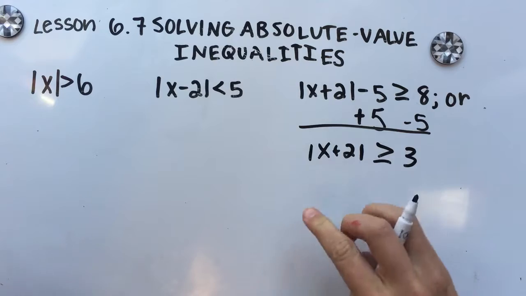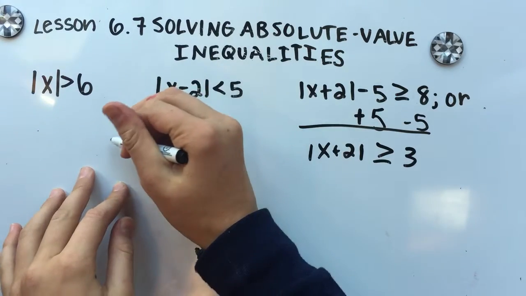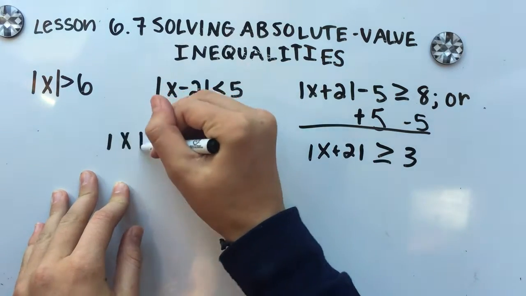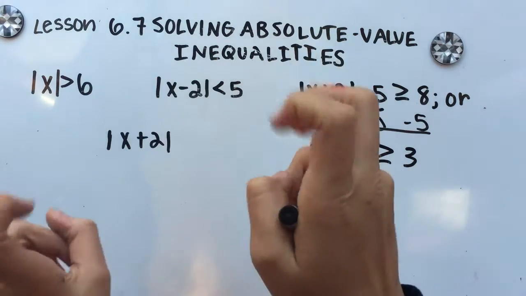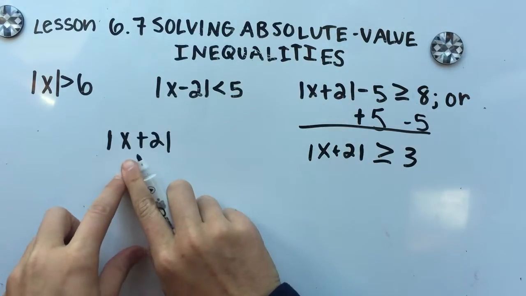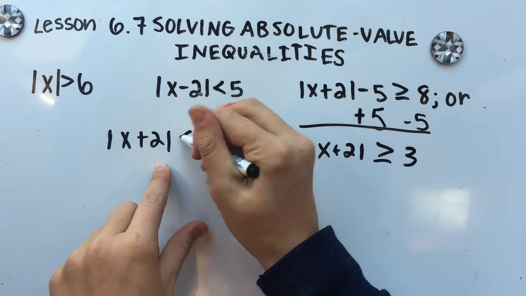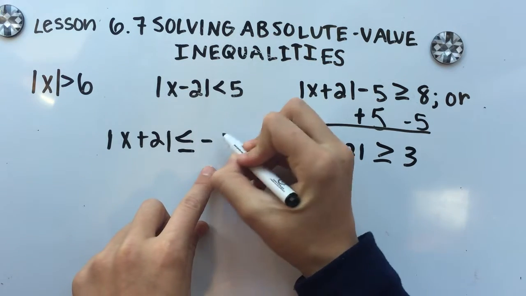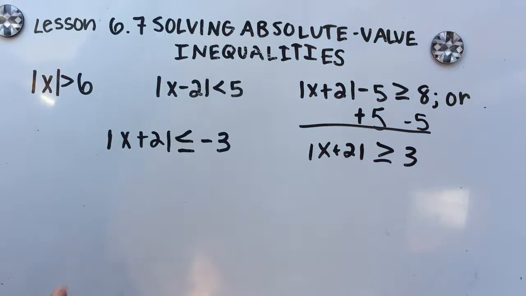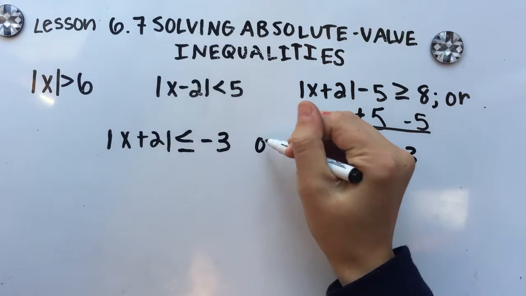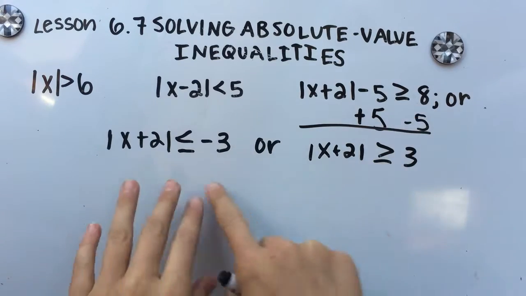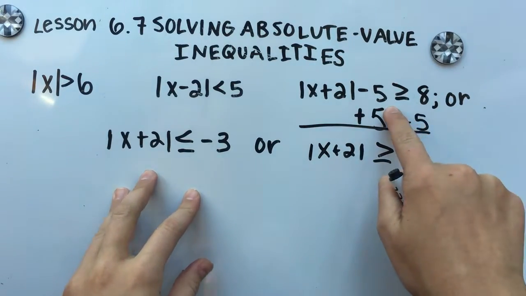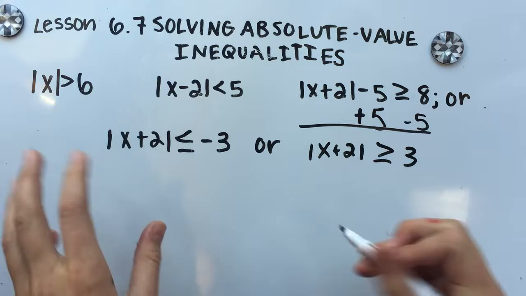And now we can solve this one, but also make it into the other version of it, which is x plus 2, flip the sign, is less than or equal to -13. Or, and then we're going to solve these. You can't do this before you simplify this number.